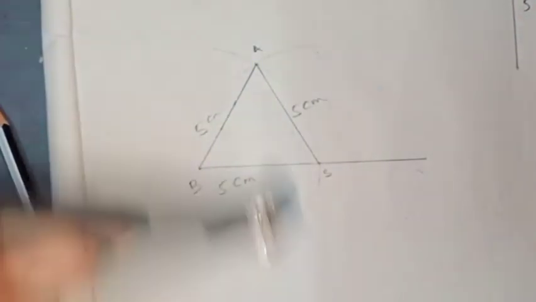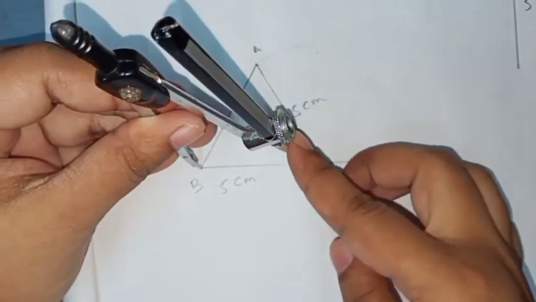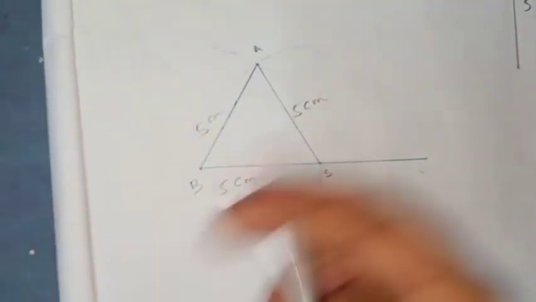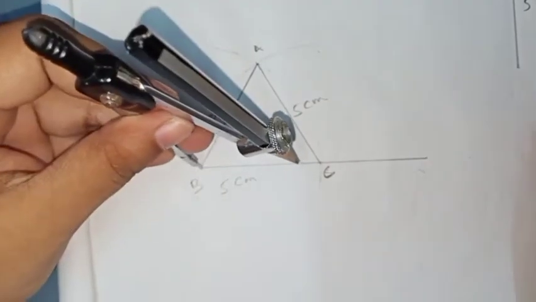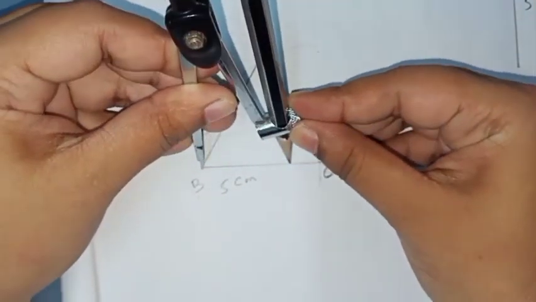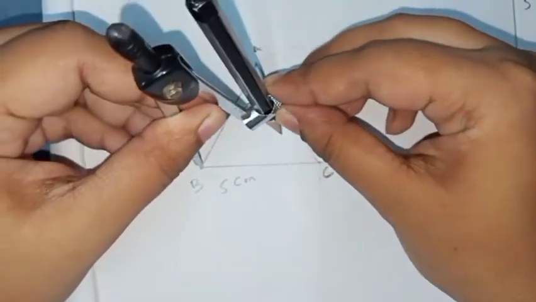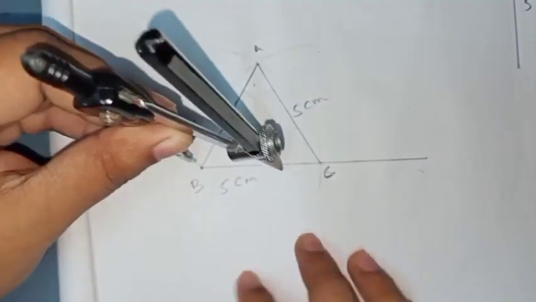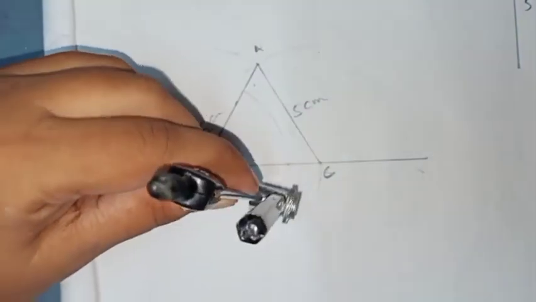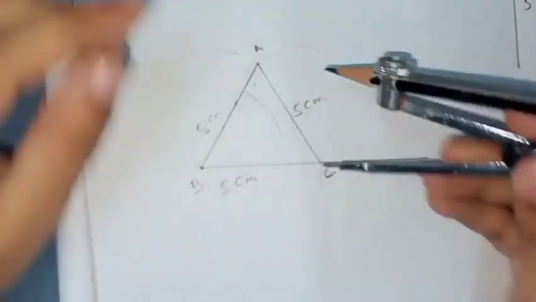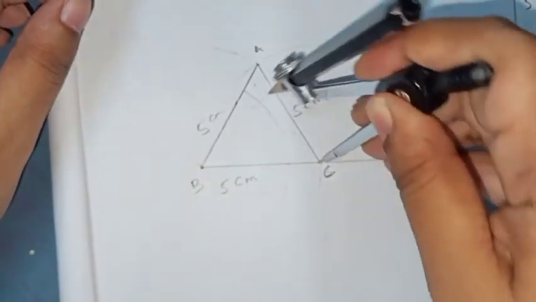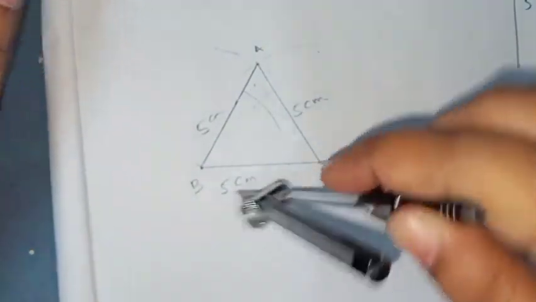Now for circumcircle, what you will do? You will take more than half of AB, cut up and down. Same thing, put in point C, cut up and down.